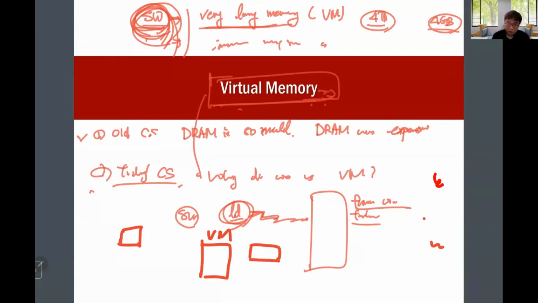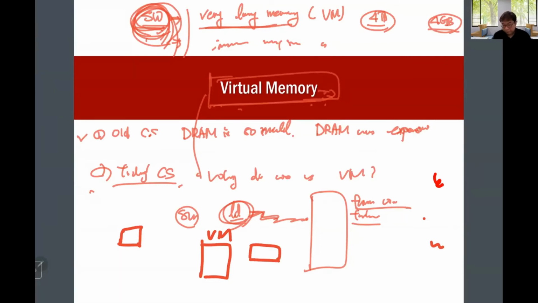It is because we use the virtual memory concept to use this small size main memory like a cache. Then we want to use the large space in storage devices like some memory space, okay? So the size of the virtual memory space is larger than the size of the physical memory space, obviously.